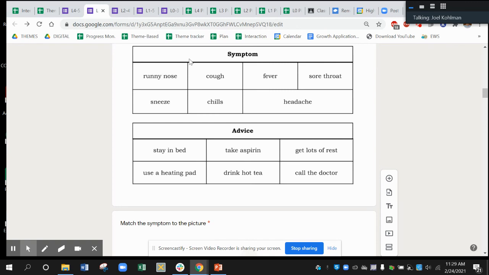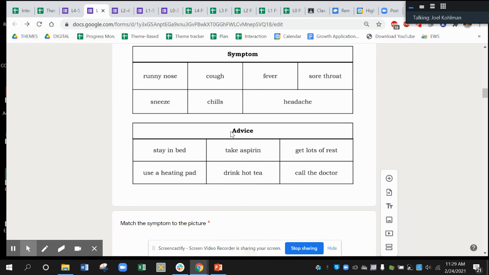So if you have these symptoms, you may take some advice. Somebody may say to you, stay in bed, take aspirin, get lots of rest, use a heating pad, drink hot tea, or call the doctor.